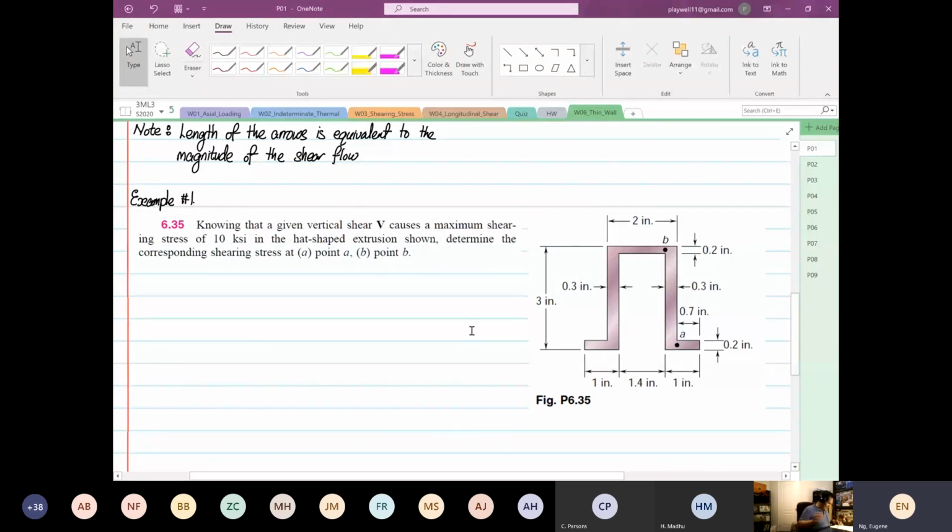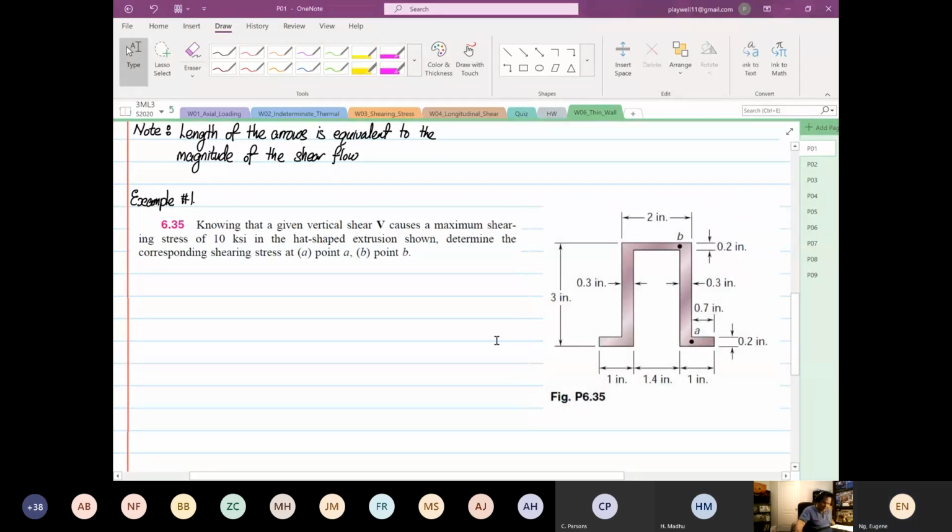So we are going to look at this section. I deliberately pick this problem, I repeat again, because this problem can be quite confusing.